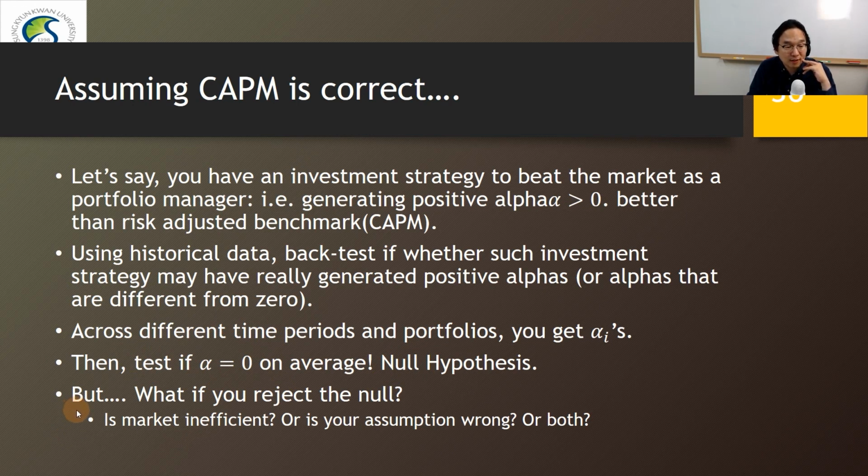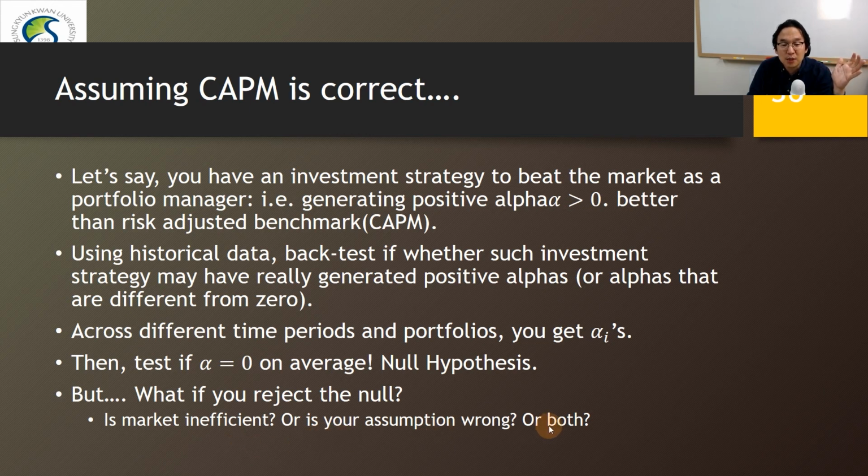But in Fama's testing in the 1970s, Eugene Fama usually found the average alpha is 0. You could not reject the null. But what if you reject the null in your data? If you find that alpha is not equal to 0, is the market inefficient based on that result?